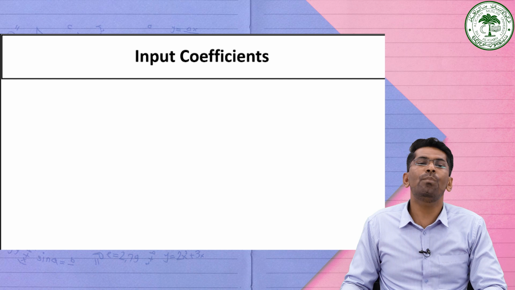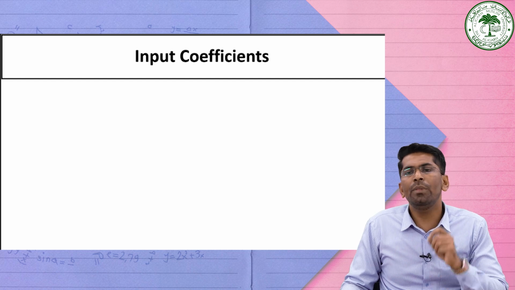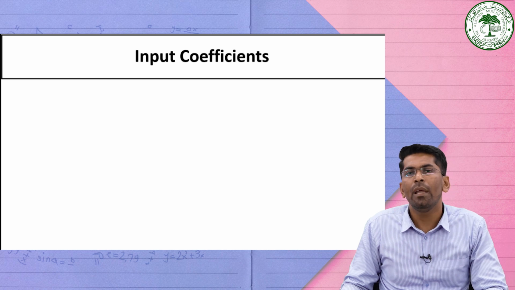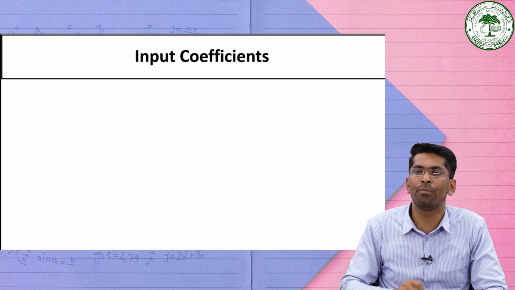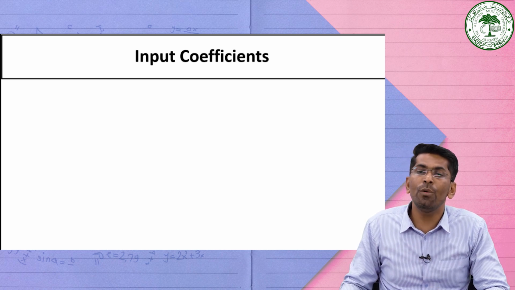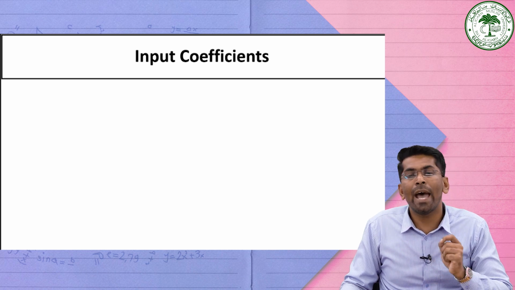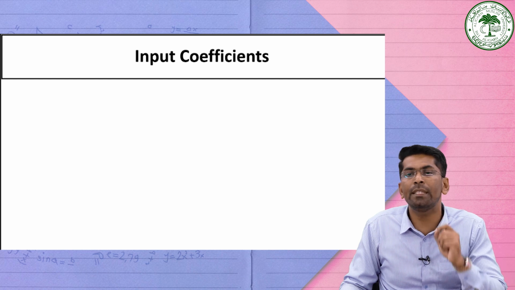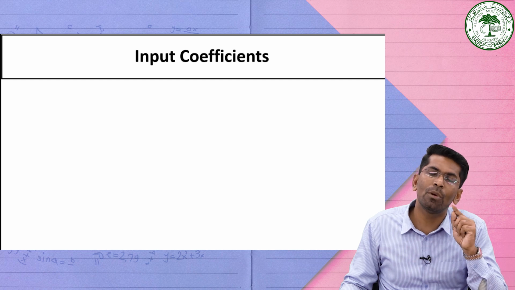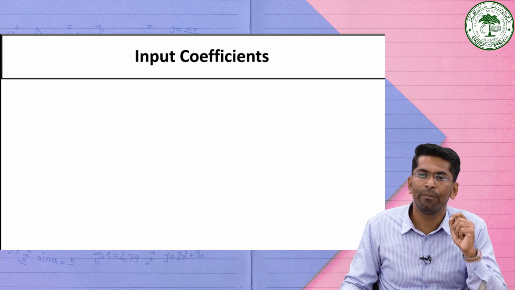Now we have an input coefficient as well. One of the important assumptions of input-output analysis is that it follows a fixed proportion of inputs in the production function. That is, in order to produce 1 unit of the jth sector, the input used from the ith sector must be a fixed amount, which we denote by aij.